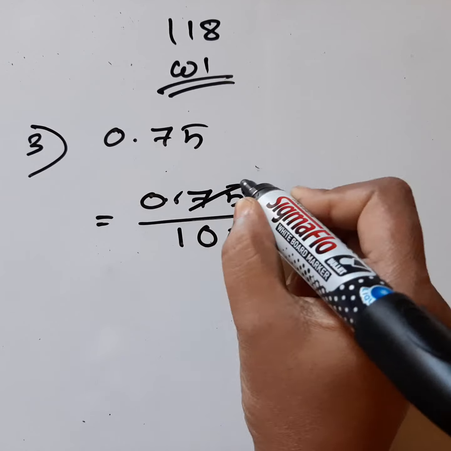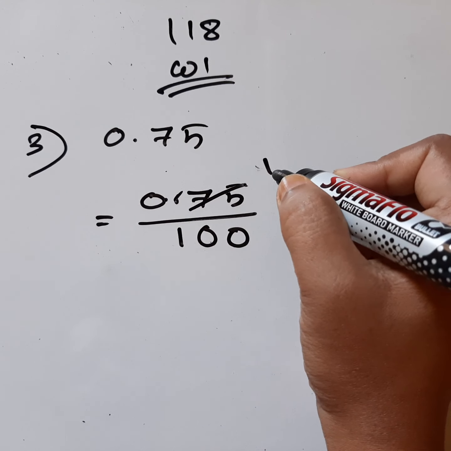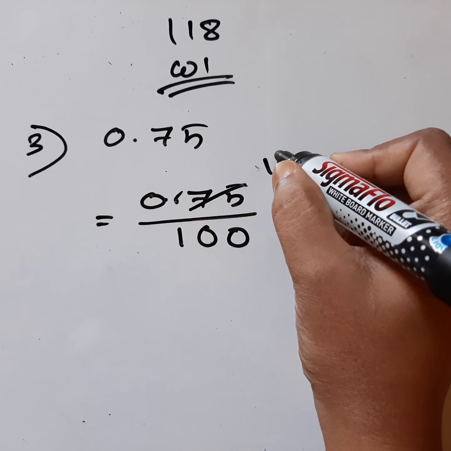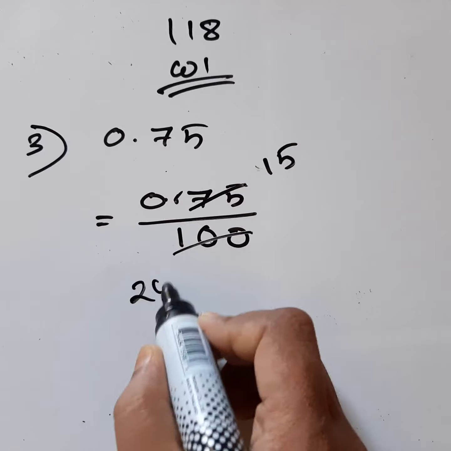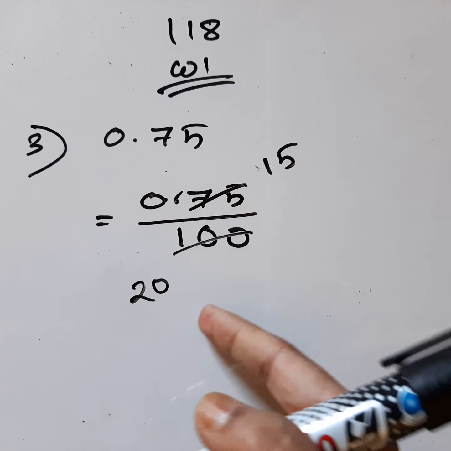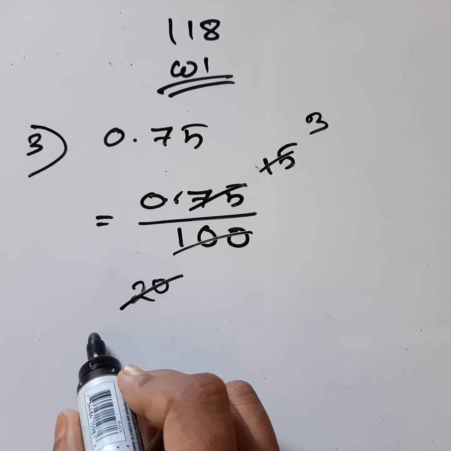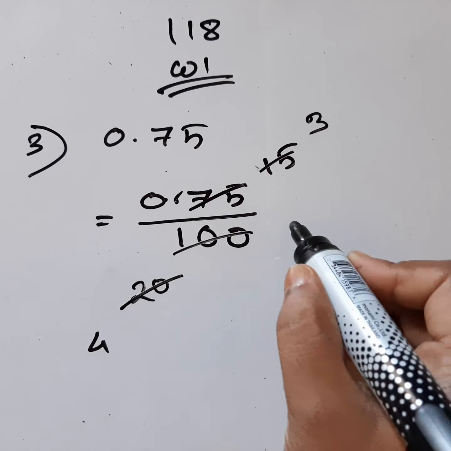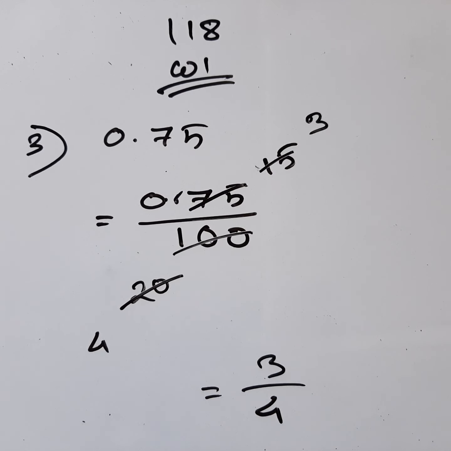So cut it with 5. We have 1, and 5 ones are 5 and 5 fives are 25. If you cut 100 with 5, then we get 20. So again 15 and 20 can be cut down with 5, 3, and there will be 4. So our answer will be 3 by 4. This is how you are going to convert the decimal numbers.